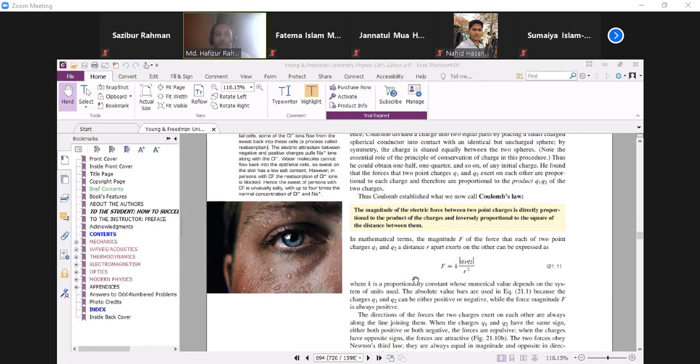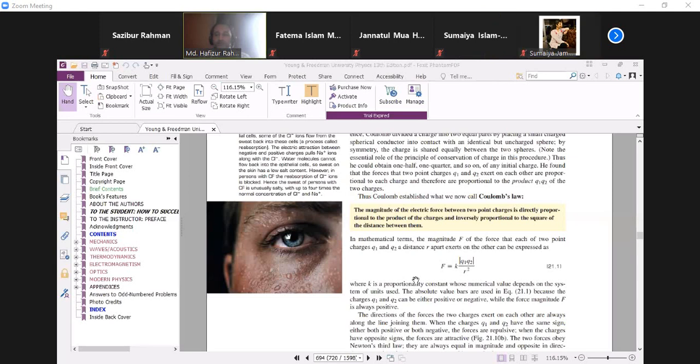So Coulomb's law says that the electrical attractive force between two charges is directly proportional to the product of the charges and inversely proportional to the square of the distance between the charges.